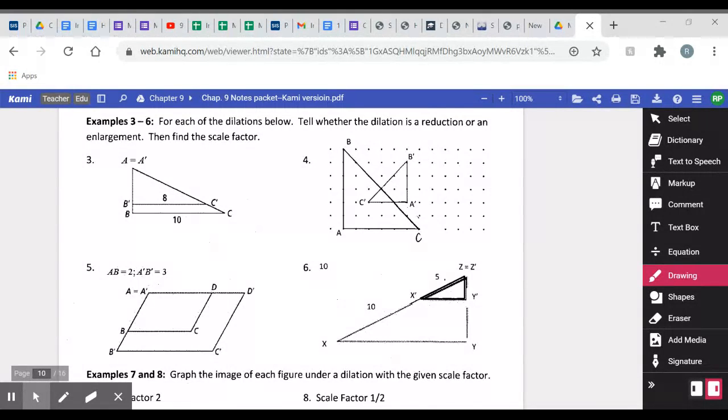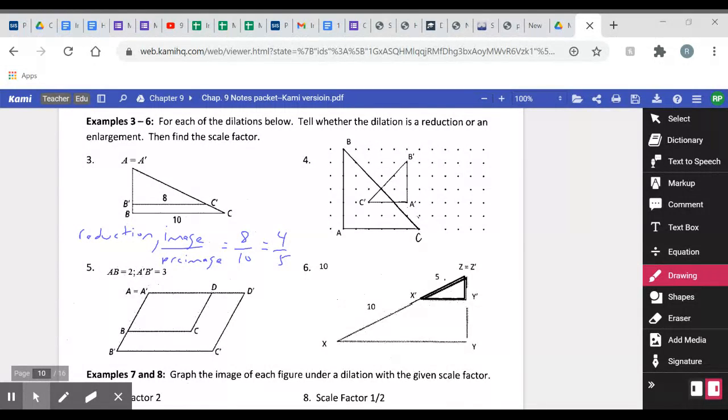So I can tell that one is going to be a reduction because the figure got smaller. And then again, if I go image over pre-image, then I end up with 8 over 10, which reduces down to 4/5. Again, if you write 0.8 as a decimal, that's fine.